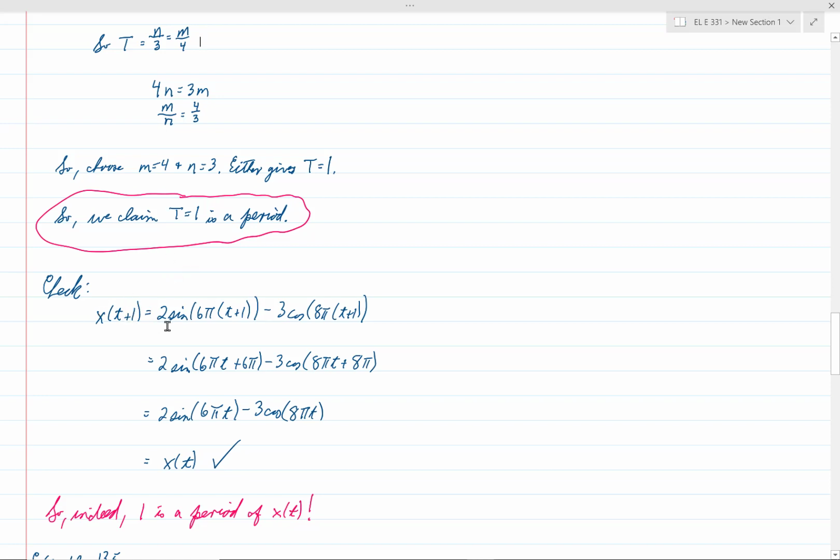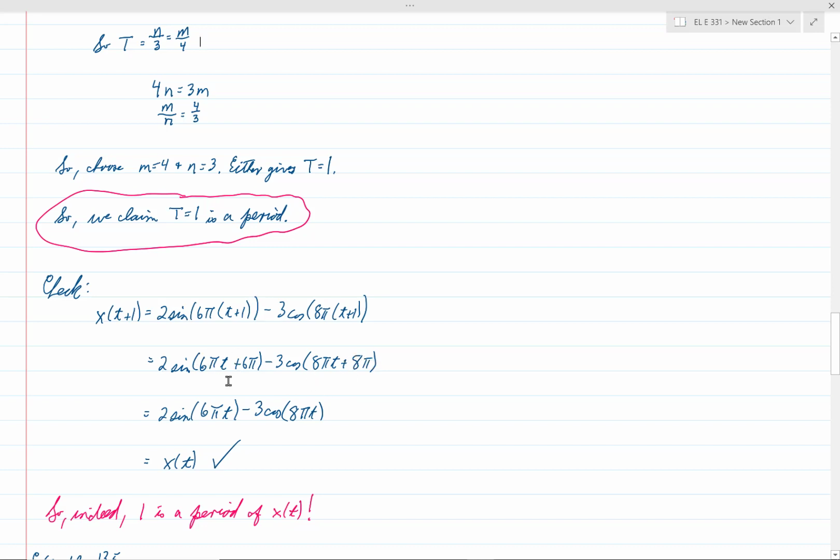x of t plus 1 would be 2 sine of 6 pi times the quantity t plus 1, minus 3 cosine of 8 pi times the quantity t plus 1. That becomes 2 sine of 6 pi t plus 6 pi, minus 3 cosine of 8 pi t plus 8 pi. Since the sine function is periodic, it will repeat every time its argument increases by a multiple of 2 pi. 6 pi is a multiple of 2 pi, and likewise 8 pi is a multiple of 2 pi.